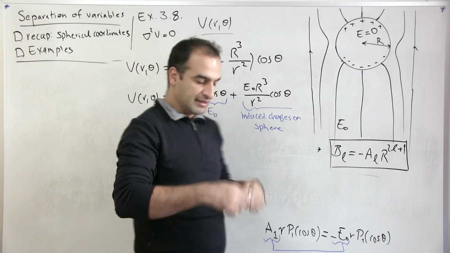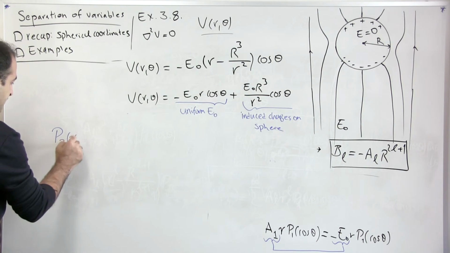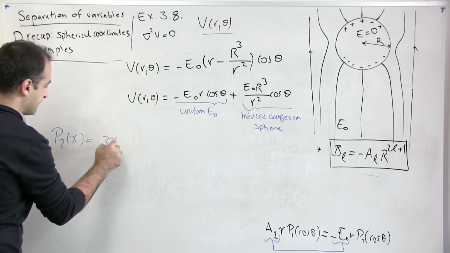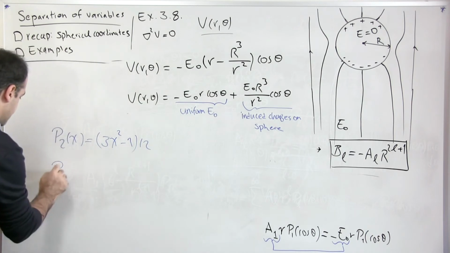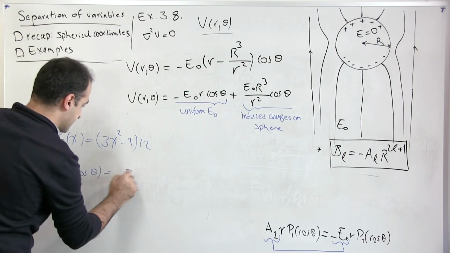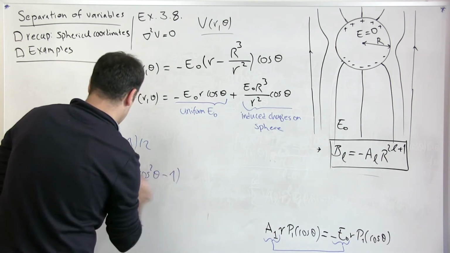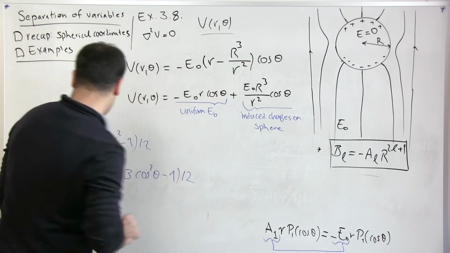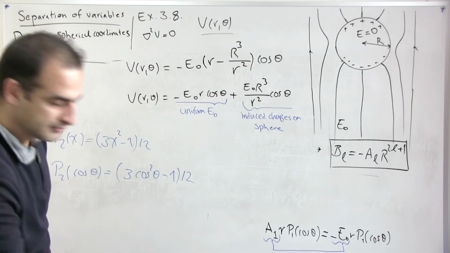For instance, if the second order P2 of x is 3x squared minus 1 divided by 2, that means P2 of cosine theta is 3 cos squared theta minus 1 divided by 2. Gotcha. Thank you.